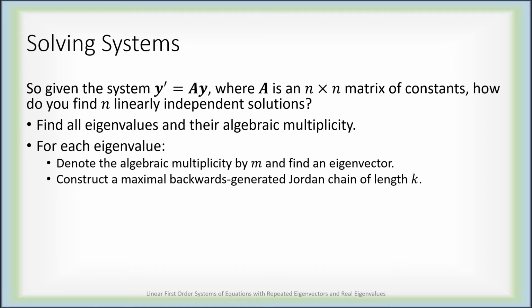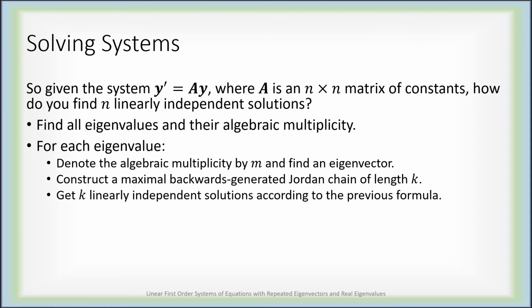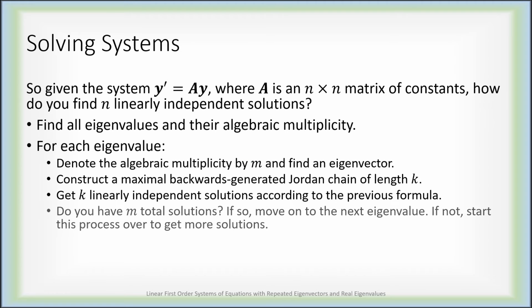Once you have an eigenvector, construct a maximal backwards generated Jordan chain, and let's say it's of length k. This gives you k linearly independent solutions according to the formula on the previous slide. And now I have k solutions for an eigenvalue of multiplicity m. If I have m total solutions, I'm done. Put that eigenvalue aside, move on to the next one.